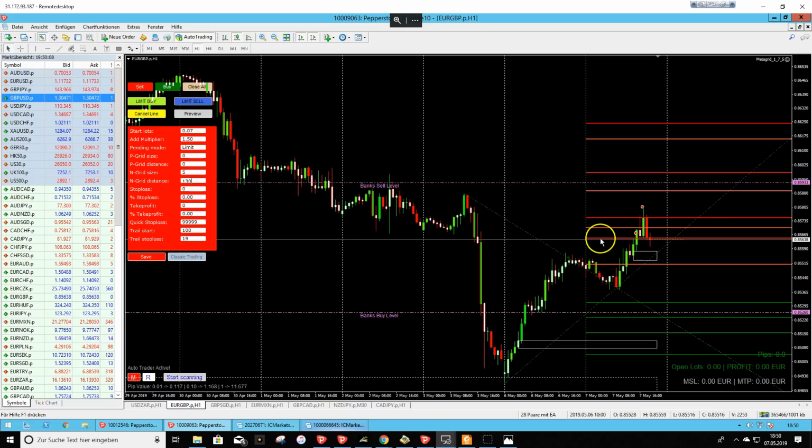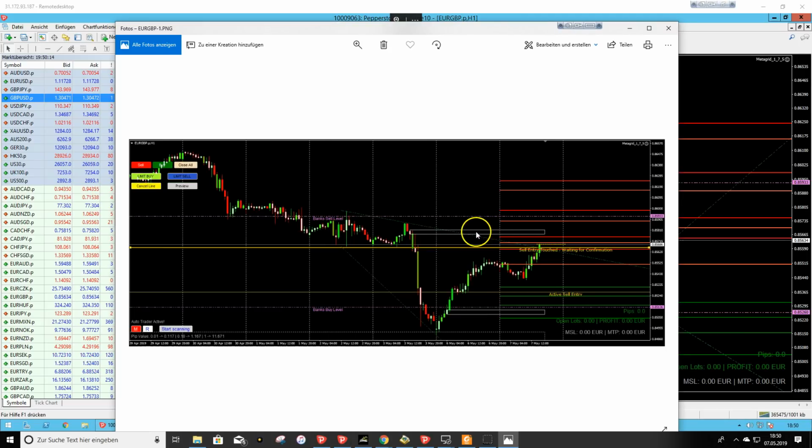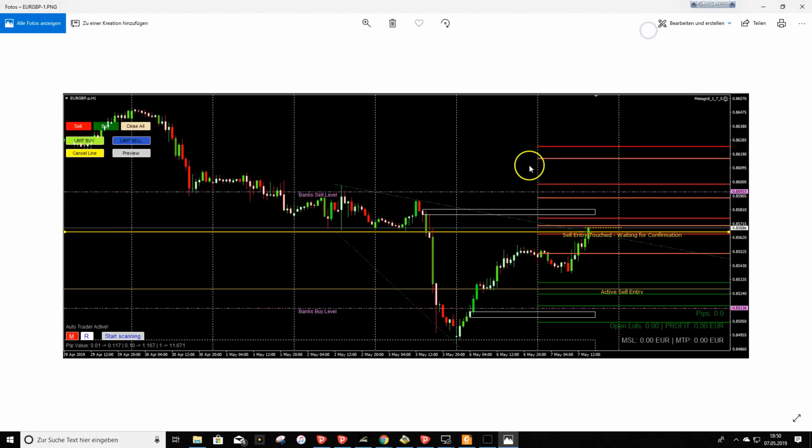And the first grid was exactly here, and I measured it out. The grid was exactly here in the middle of this H1 supply zone. I made the grid this way so that the first additional trade would be opened in the middle of this H1 supply zone, because it was very likely that we then get a reaction here.